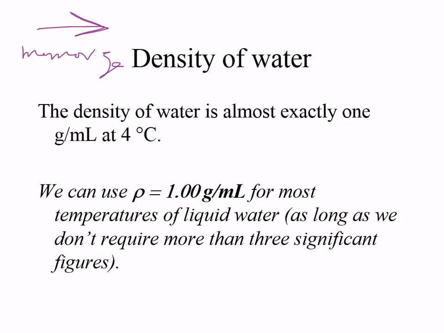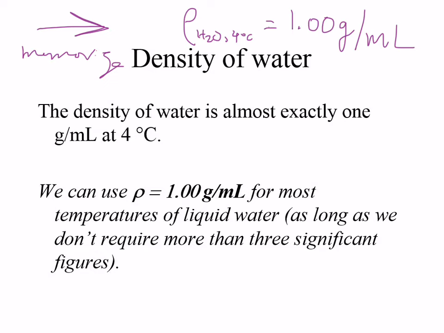You're going to want to memorize the density of water, H2O, at 4 degrees Celsius. And like the slide says, you can go with 3 sig figs, 1.00 grams per milliliter. That can come in handy when you're working problems, and tomorrow, on a test or a quiz.